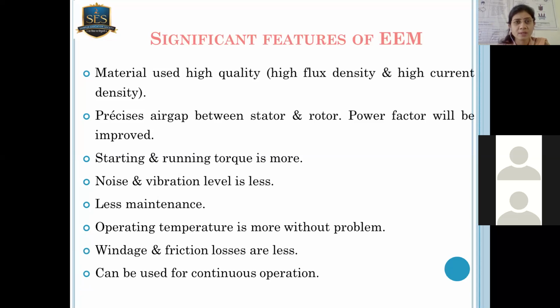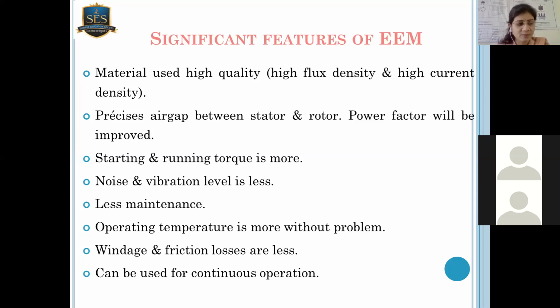Okay. So I think we discussed previously the short time rating, continuous rating, and all these duties of the drive operation or motor operation. Out of that, these energy efficient motors can be used for continuous rating or continuous operation.